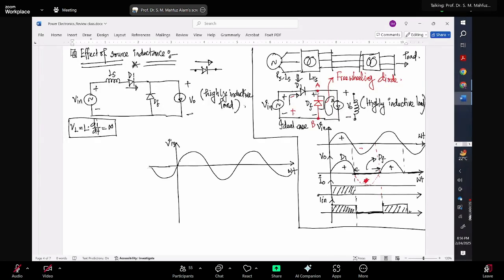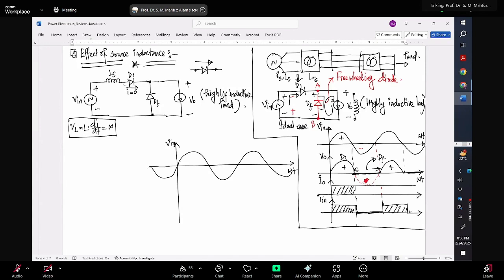So now, when this positive polarity appears across the diode, the diode becomes short circuited. Suppose the current through this diode is zero, but the diode has a positive polarity across it.